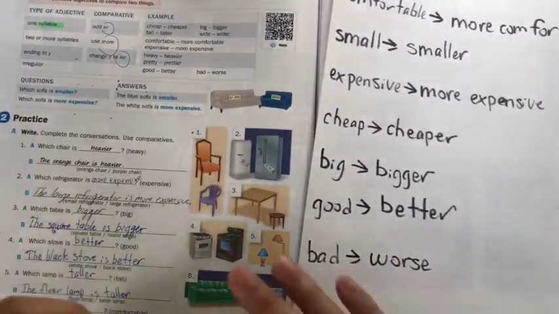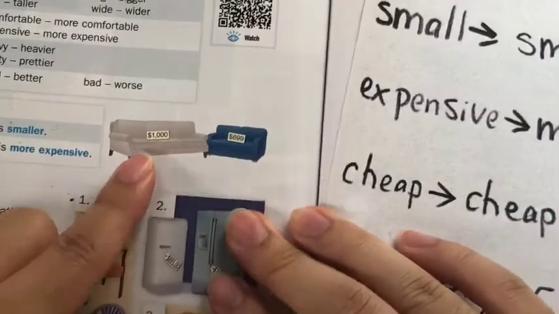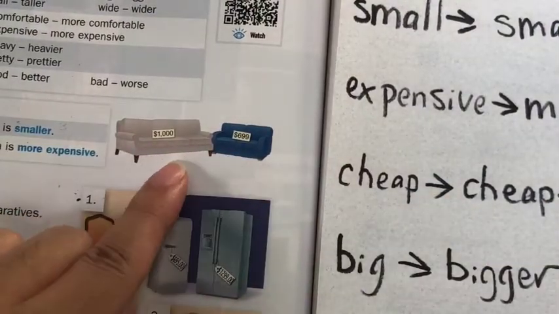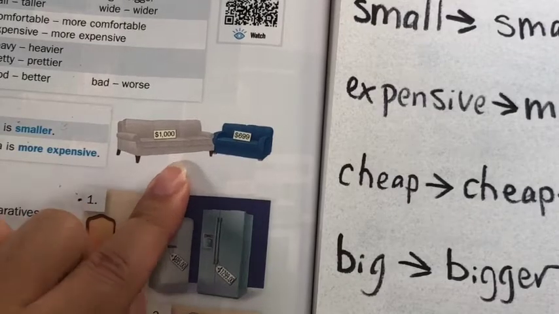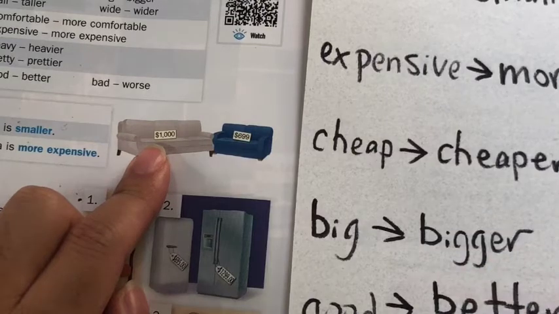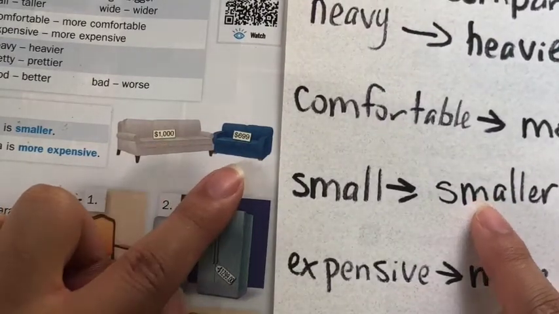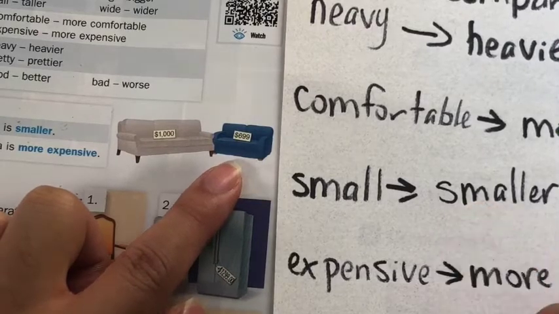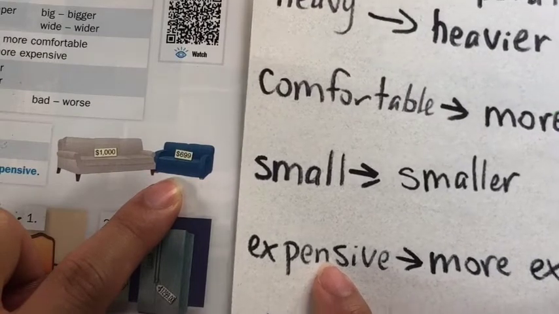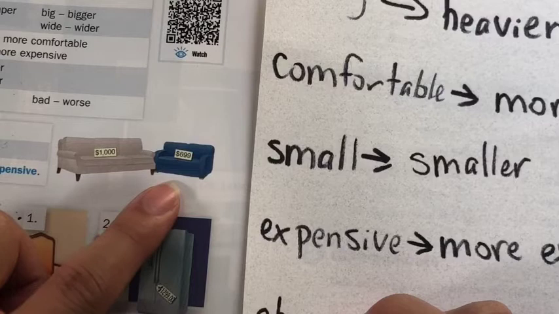So let's see. We have two sofas here. A white sofa and a blue sofa. Which sofa is bigger? The white sofa is bigger. Which sofa is smaller? The blue sofa is smaller. What about expensive? Which sofa is more expensive?